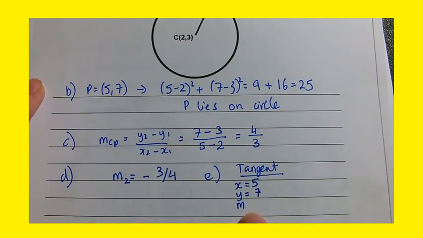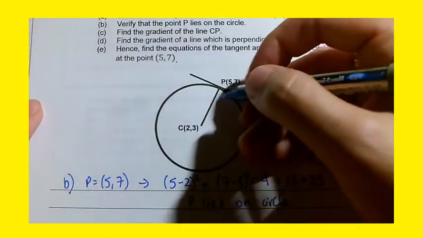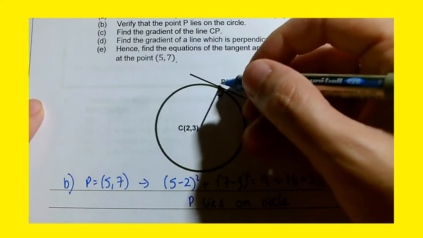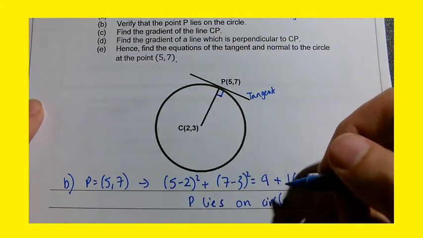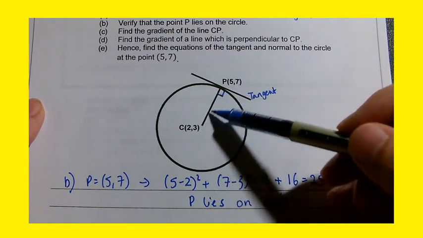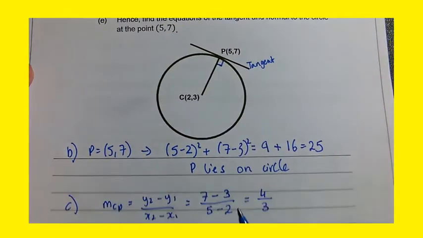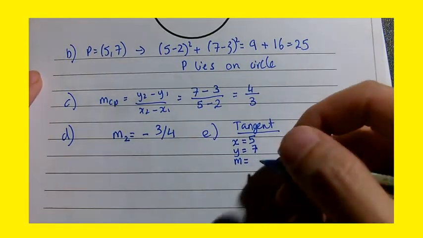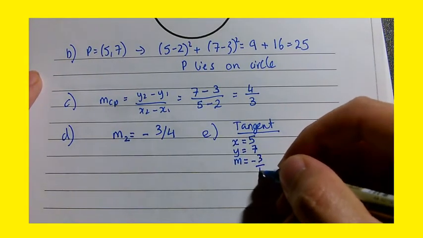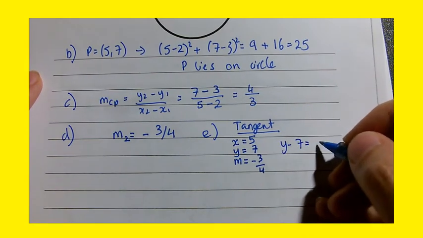And the gradient will be the following. Well, we know the gradient of CP. And if we remember our geometry from the previous page, this line CP is perpendicular to the tangent. Therefore, we can use M2, which is minus 3 over 4. Therefore, the equation of the tangent is this.